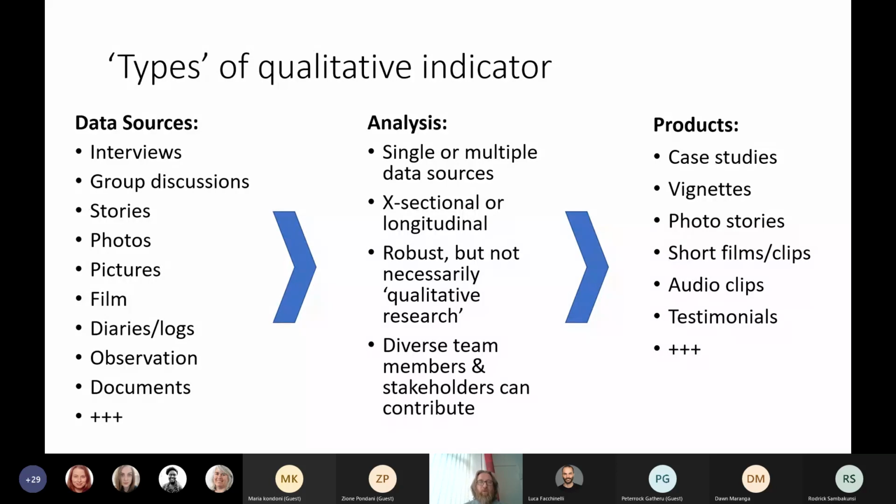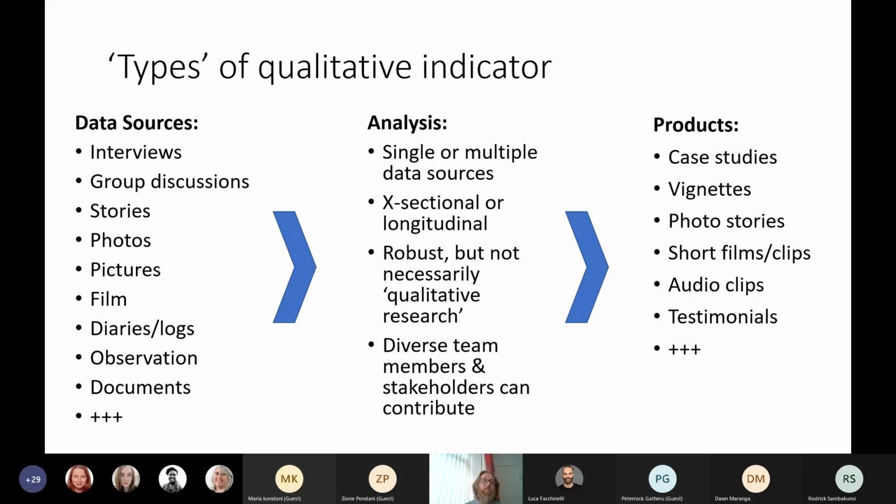But although you should be robust in how you collect and report such things, it doesn't necessarily have to be as in-depth or as exhaustive as a qualitative research process. And quite diverse team members and stakeholders can contribute to the analysis of these types of data sources.